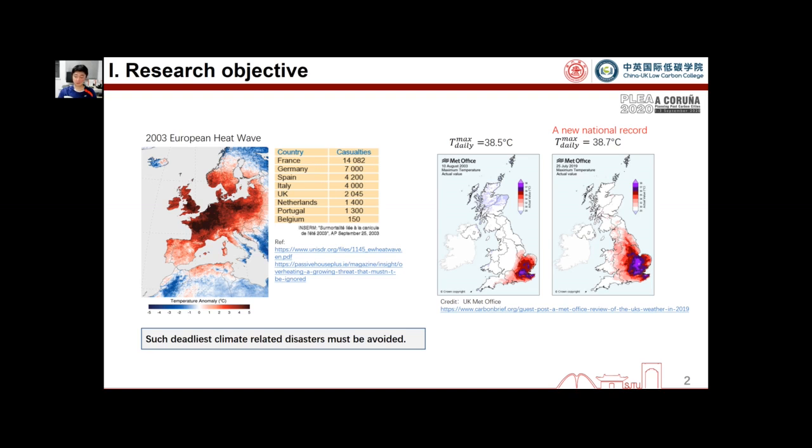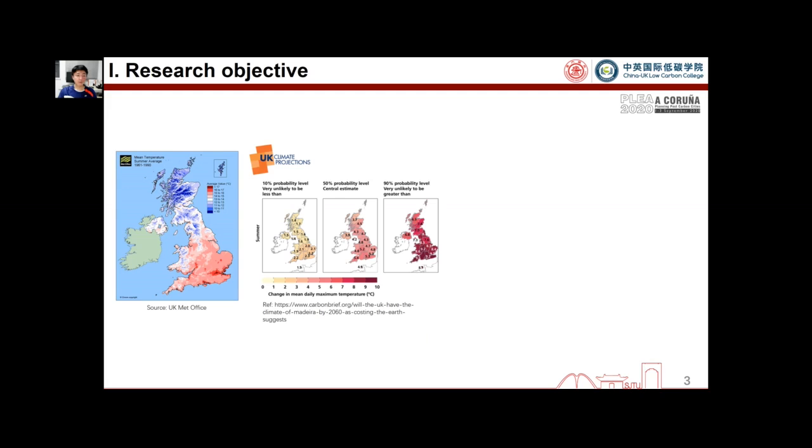climate-related disasters. As you can see on the map, spatial variation in mean summer temperature across the UK is significantly high. Furthermore, the climate change projection is non-uniform across the UK, as you can see from the UK climate projections in the middle. So here comes the question.